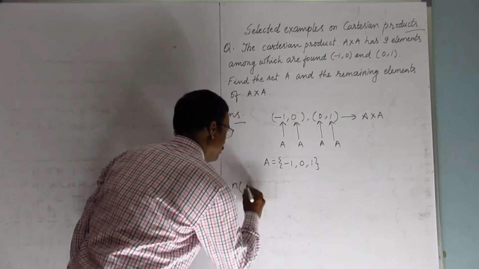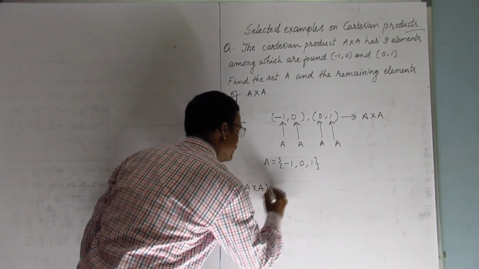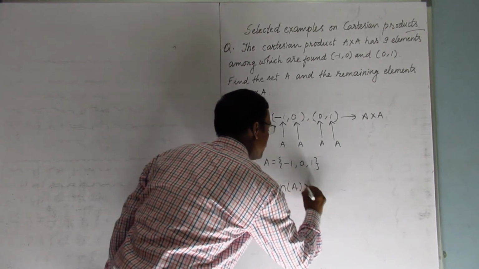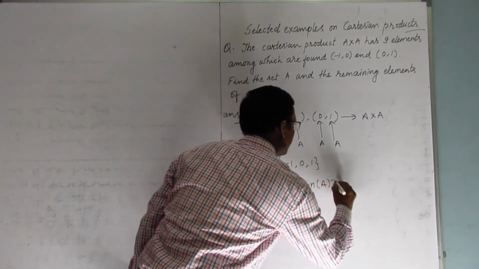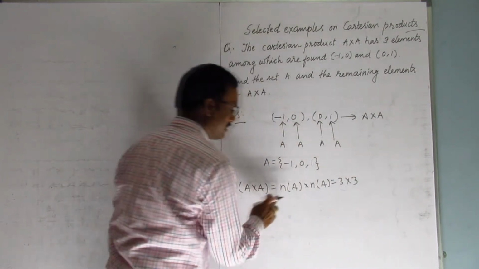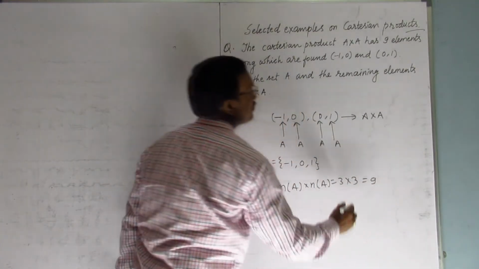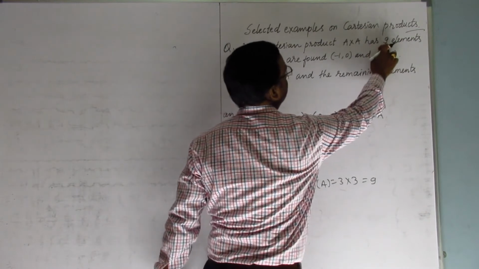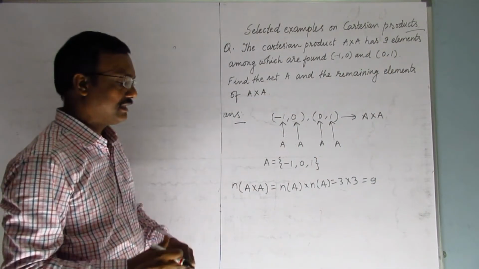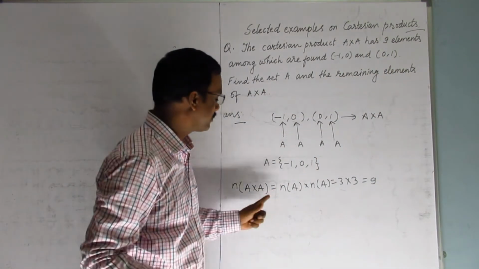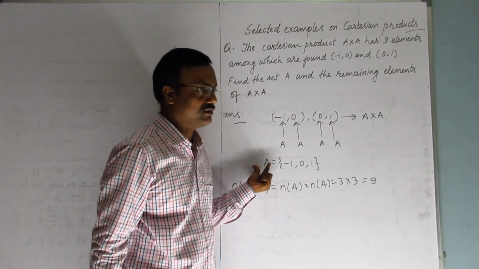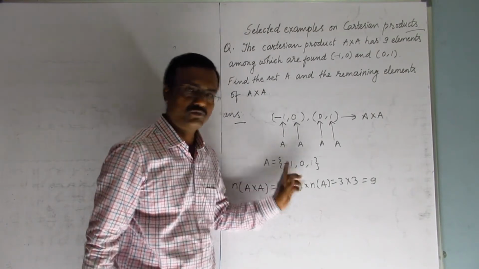We know that n(A × A) is n(A) × n(A), that is 3 × 3 = 9. So this condition is satisfied. That means our guess is very well true, that set A contains the elements -1, 0 and 1.